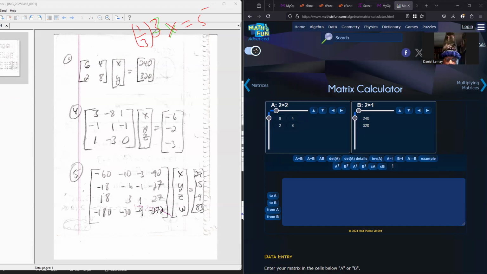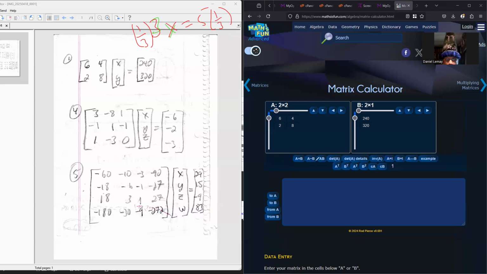You can multiply anything by 1 and not change it. So that's why we're finding the multiplicative inverse of the coefficient. For matrices, it just looks different. You multiply that inverse times the matrix 6, 4, 2, 8, and you'll get 1, 0, 0, 1. I won't do that here because I'm trying to focus on solving the system.